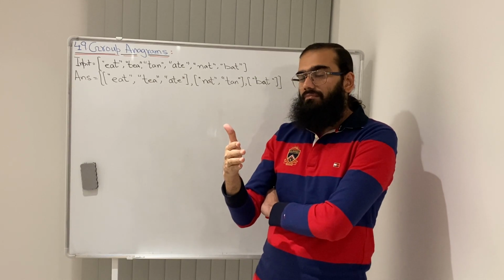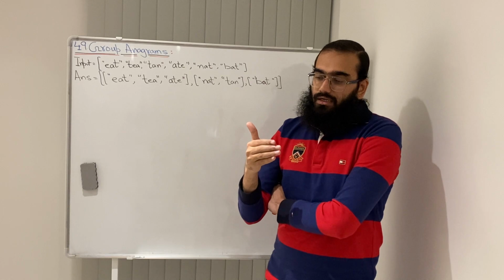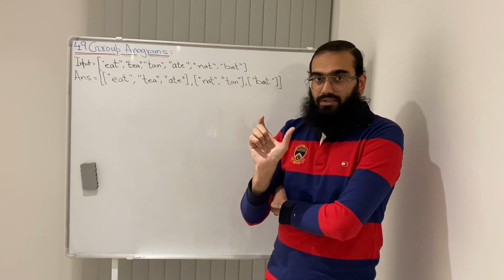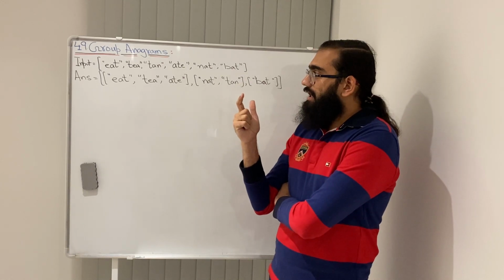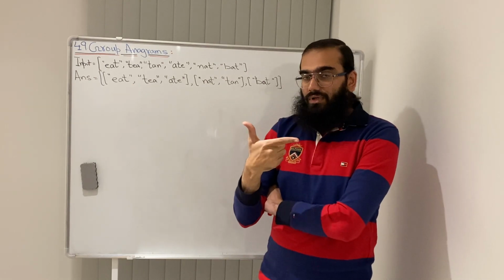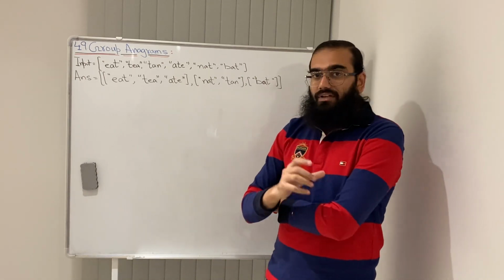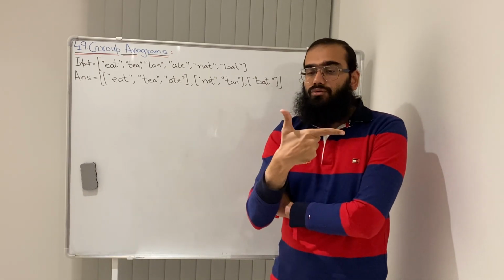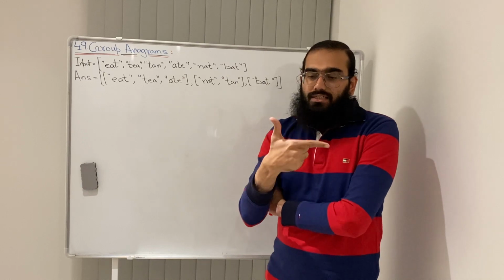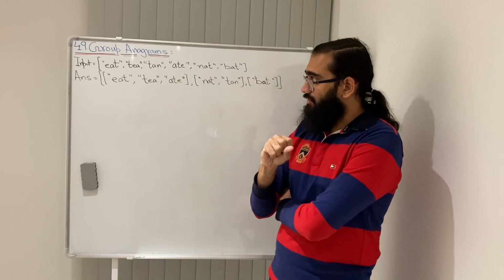You can create a hash function which generates a unique key for the characters. For example, EAT and TEA would give me the same key value. Then every time the key matches, it means it's an anagram. That is one approach.